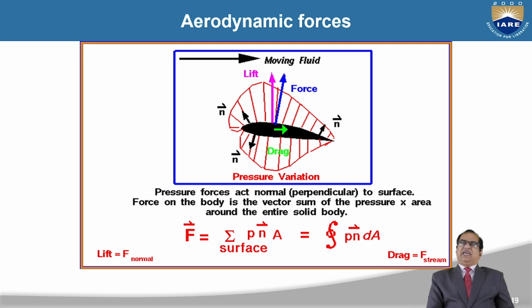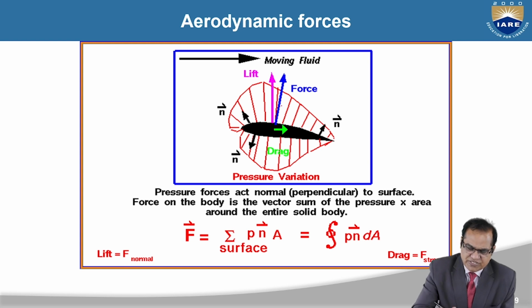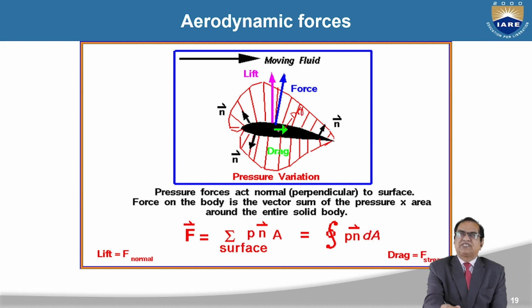Now we can see the aerodynamic forces. If the flow is there, a force will be generated. In the pink color, it is perpendicular to the flow, and that is the lift. The force parallel to the flow, in green color, is the drag. So drag is parallel to the flow, and the force perpendicular to the flow is lift.